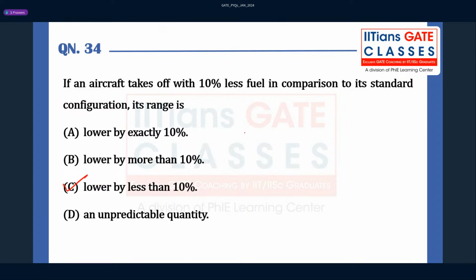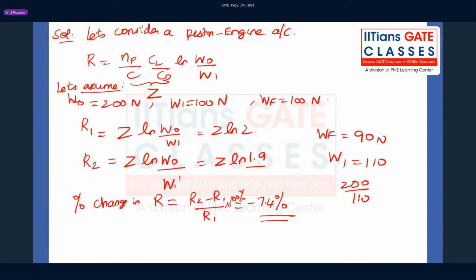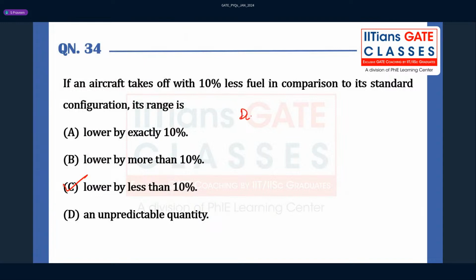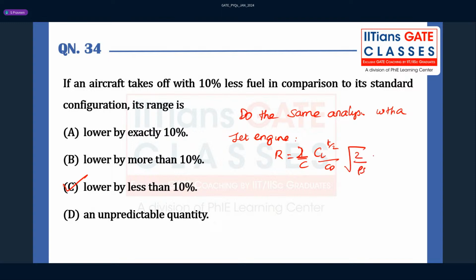I'll give you food for thought. Try this one with a jet engine. Do the same analysis, where the formula is 2 by C, CL power 1 by 2 by CD, root of 2 by rho s, times root W naught minus root W1.